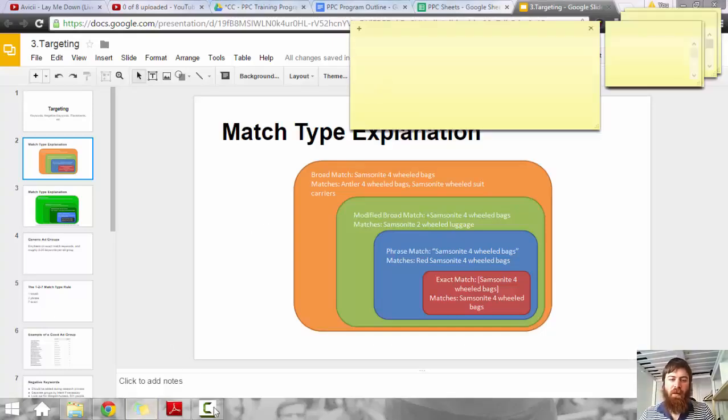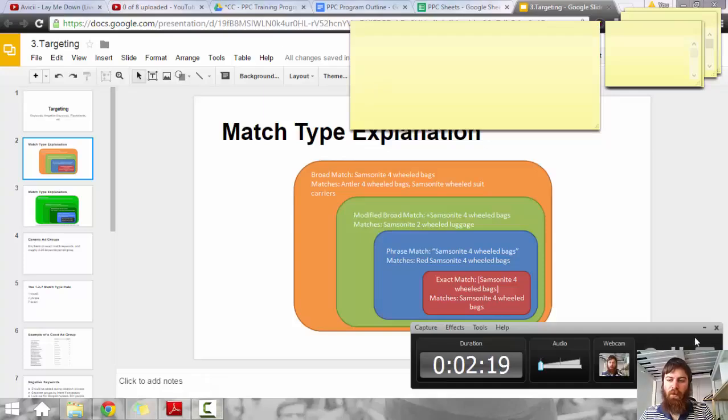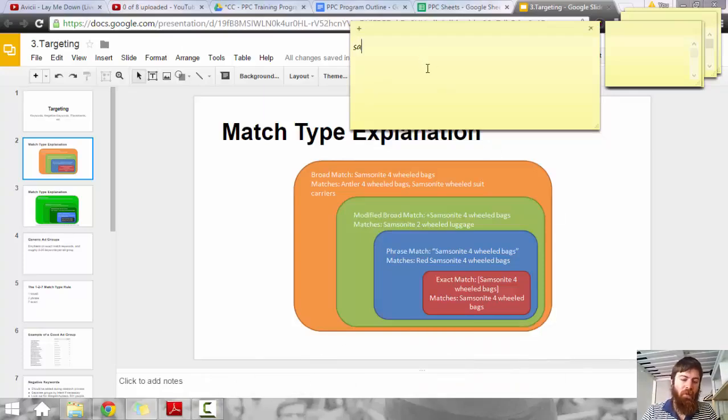For instance, if somebody misspelled Samsonite, you'd still want that to match because they're probably still looking for a Samsonite bag. So that's why I prefer to use modified broad match in my ad groups.